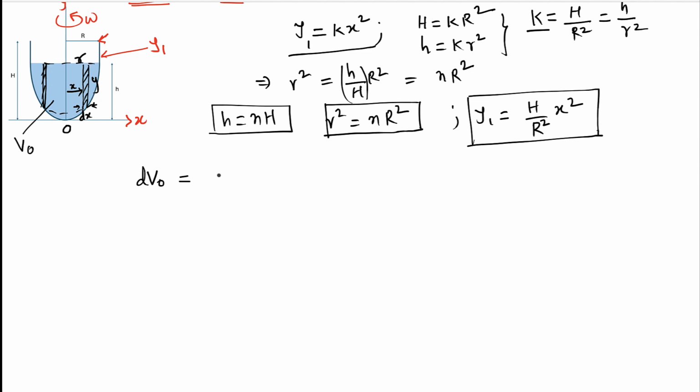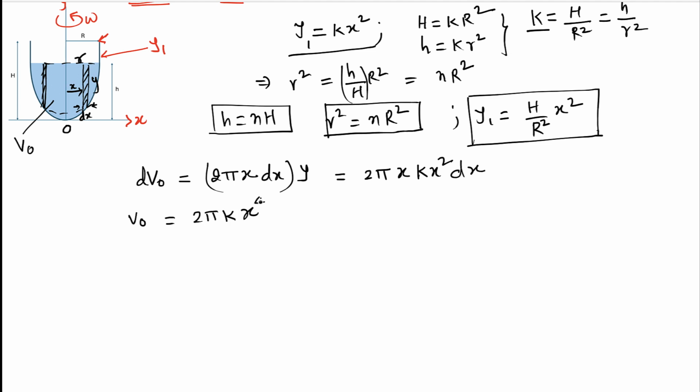So it will be 2 pi x into dx and into y. So this is 2 pi x and y is nothing but kx square, and dx. Therefore V0 is 2 pi k x to the power 4 by 4, and this is going from 0 to r.